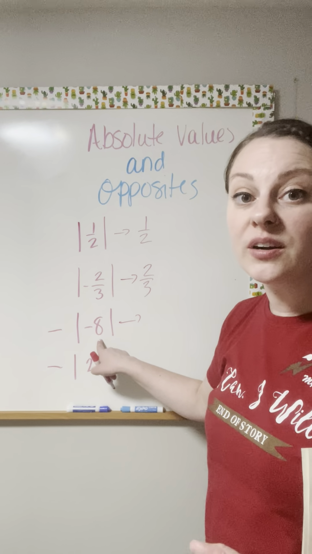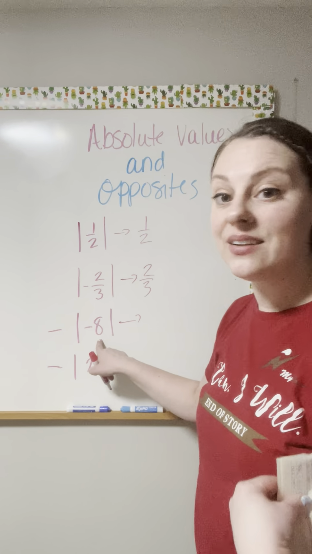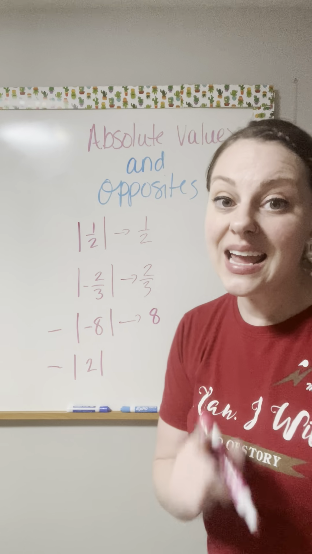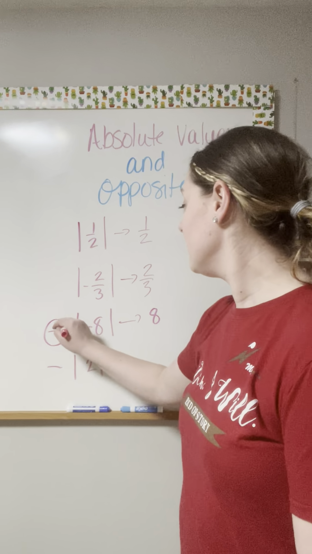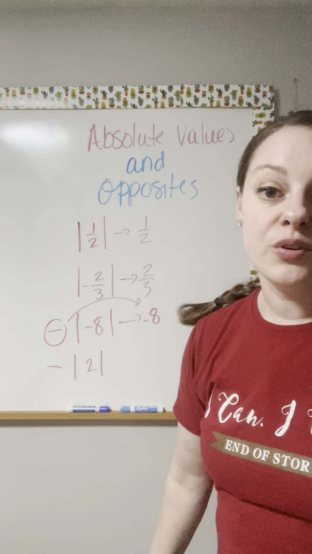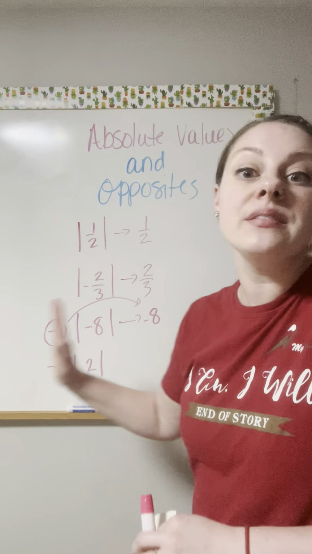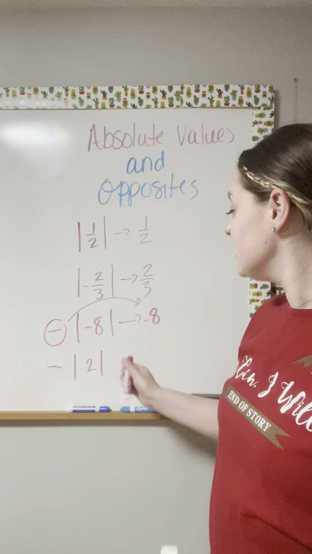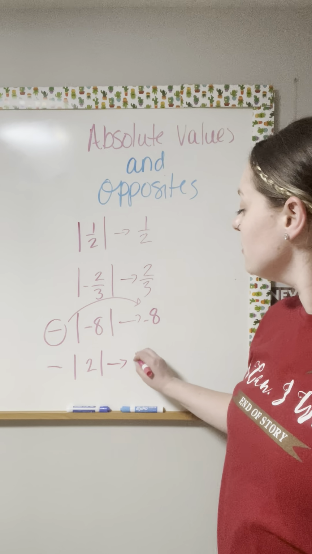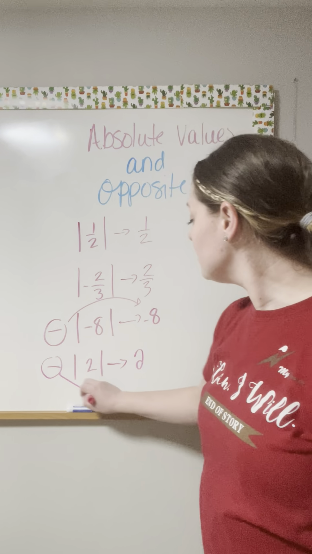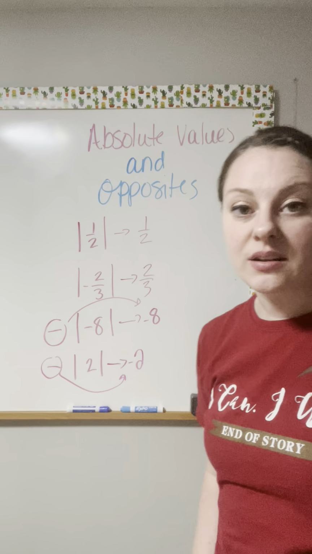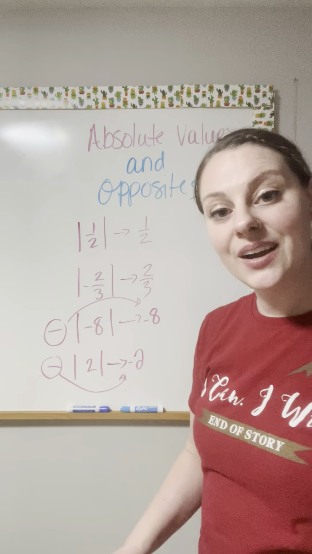How far from zero is -8? It's 8. But you got to bring that negative over, okay? It has nothing to do with the absolute value. It's on the outside, but we do have to bring it over. And then same thing here. How far away from zero is 2? 2. But you got this straggler over here hanging on to the outside. All right? Great.